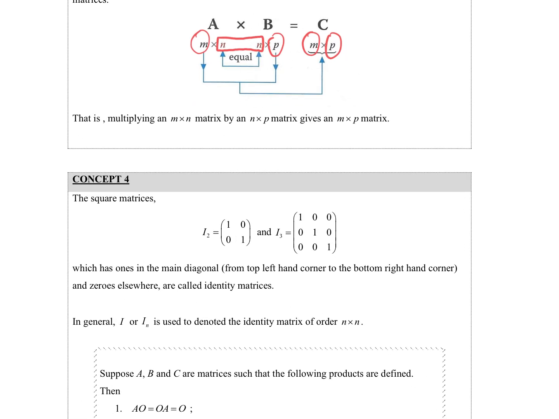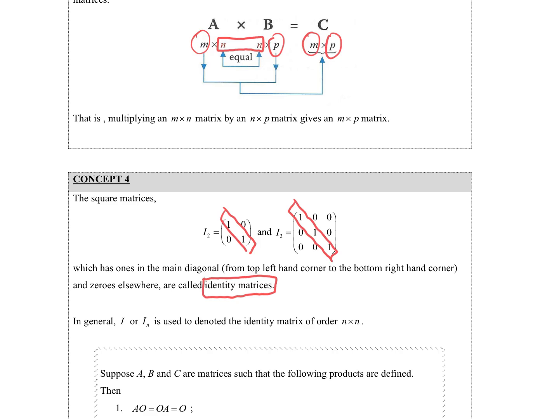Okay, if you have a square matrix and the diagonal entries are 1, it is called the identity matrix. So identity matrix helps you to get back the same matrix.